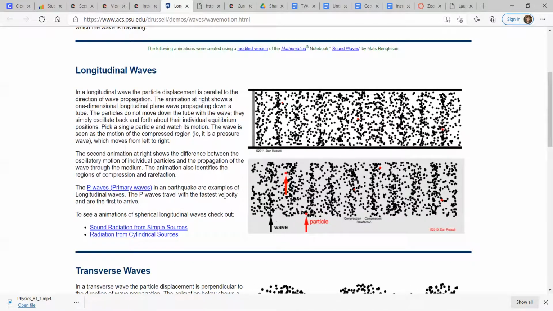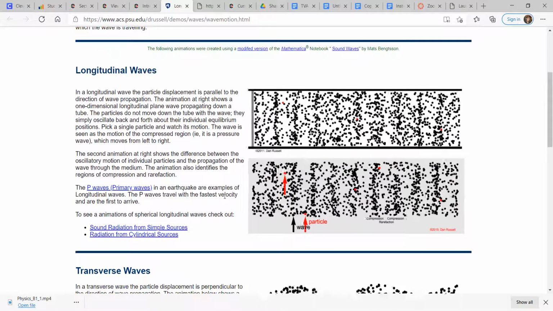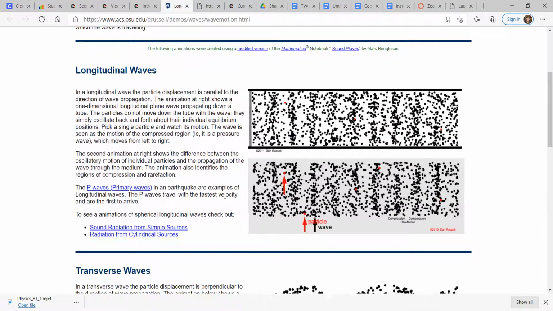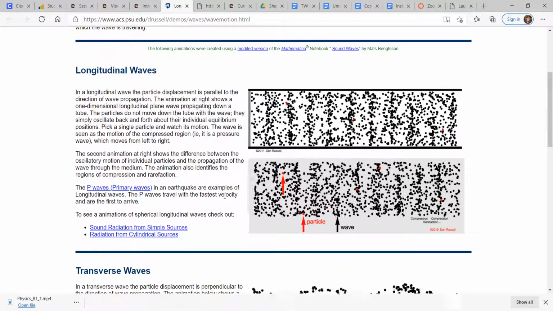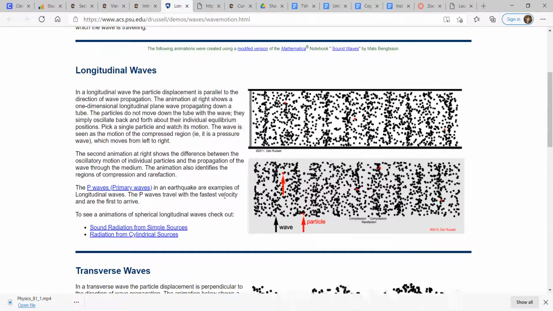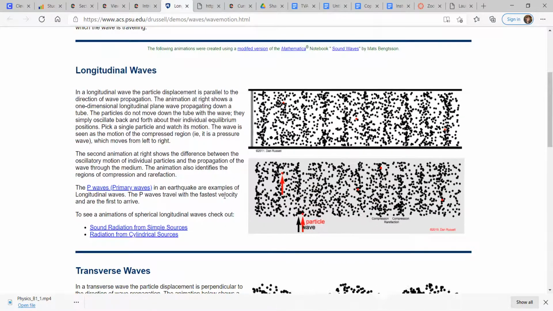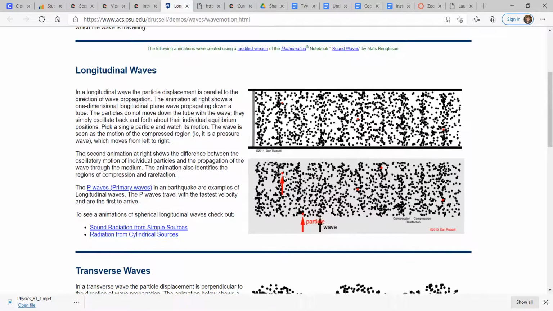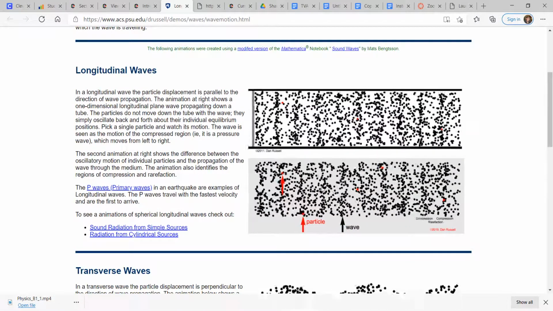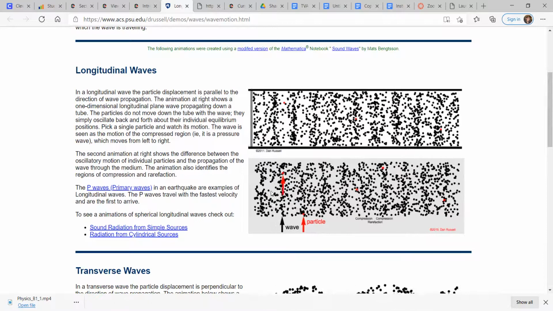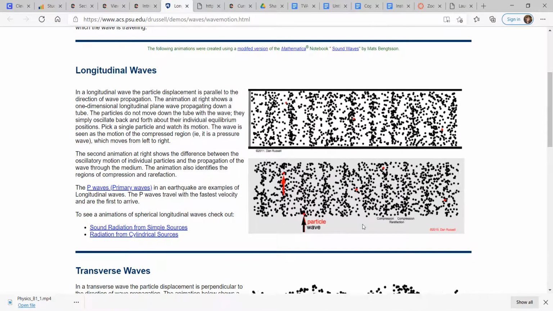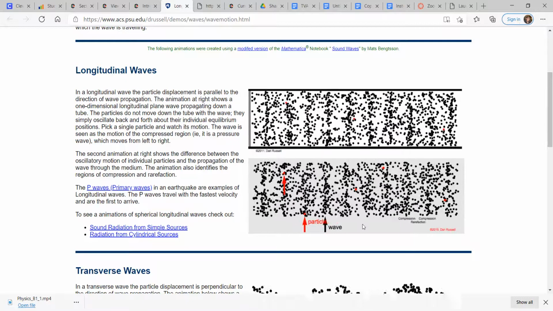And the P waves, or primary waves in an earthquake, are examples of longitudinal waves. When a P wave earthquake moves, it travels with the fastest velocity, and P waves are the first to arrive. That's why they're called primary, P.